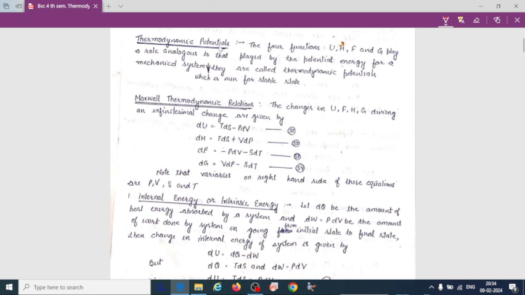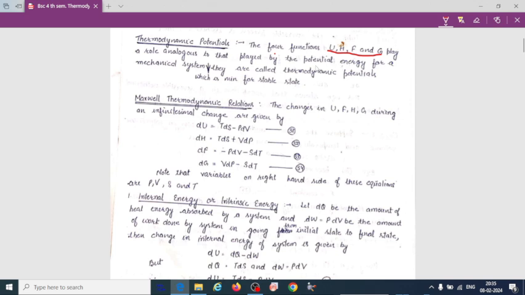Thermodynamic potentials, there are four functions that are analogous to the potential energy, which are U, H, F and G. U stands for internal energy, H is enthalpy, F is Helmholtz free energy and G is Gibbs free energy.